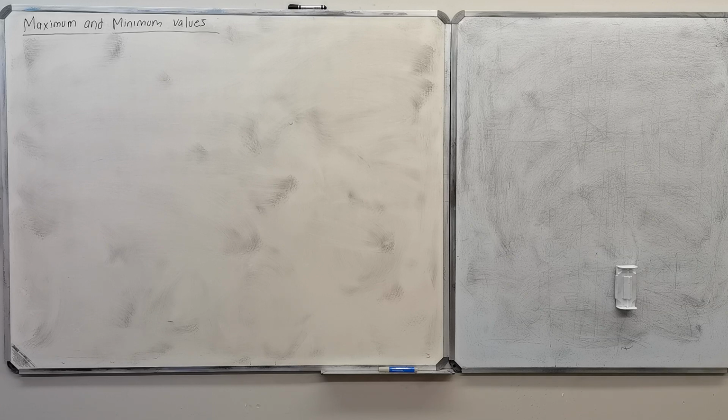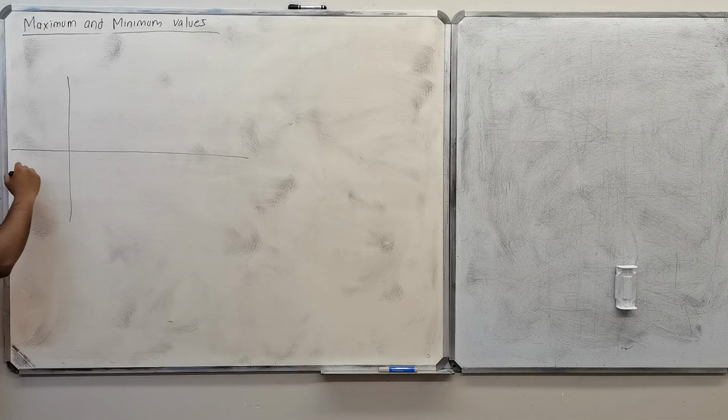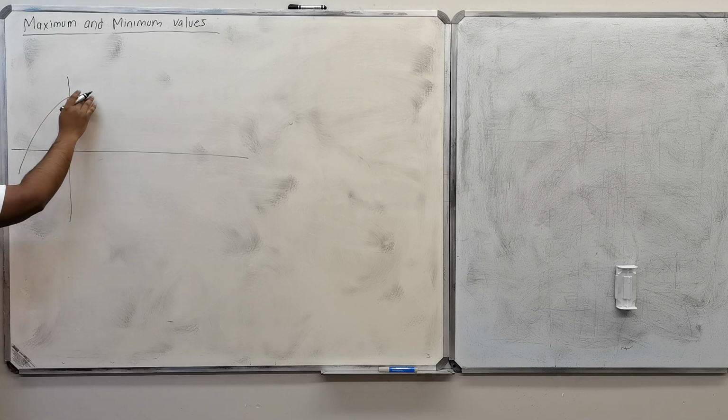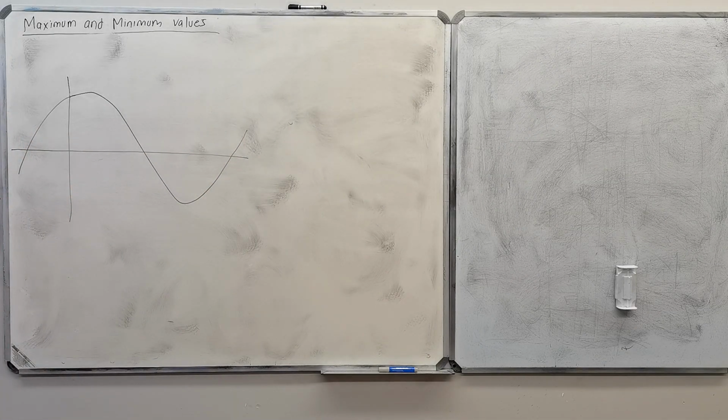Get that? On the graph that they show you, point A is found at small letter a and f of a.